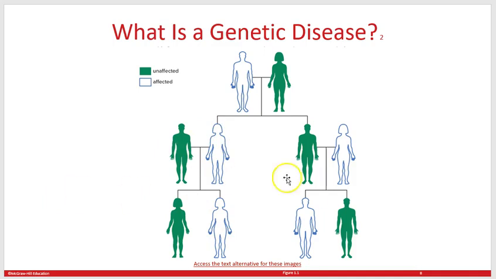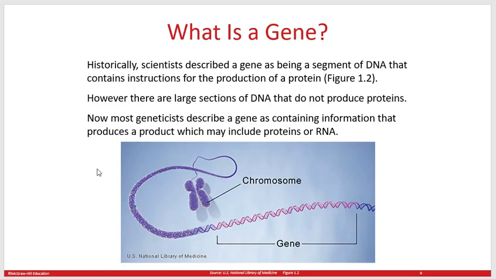And so this is a type of pedigree that shows how the gene is passed from one generation to the next. So what is a gene? If these diseases are caused by genes, what is a gene? A gene is a segment of DNA that contains instructions for the production of a protein.